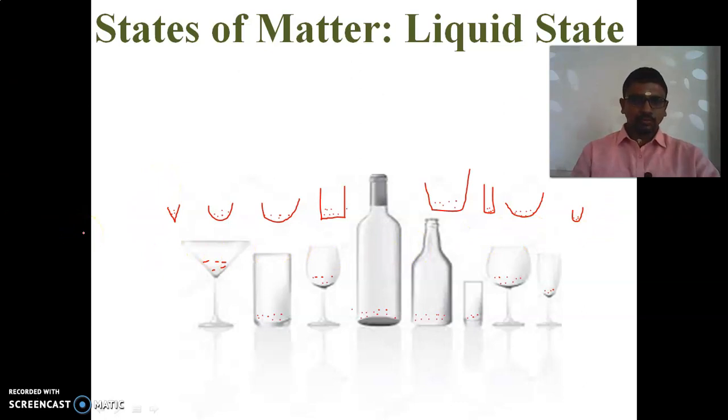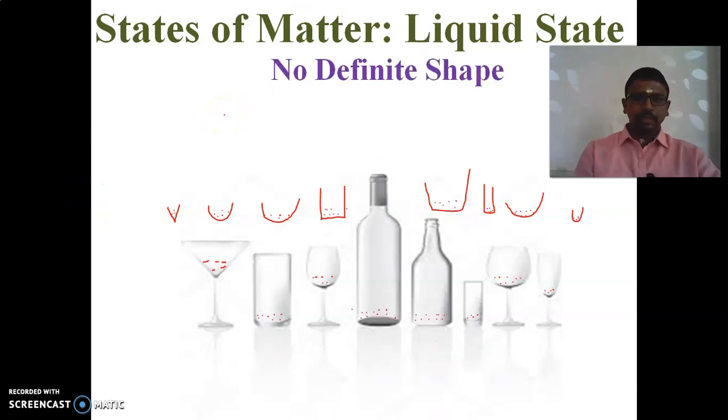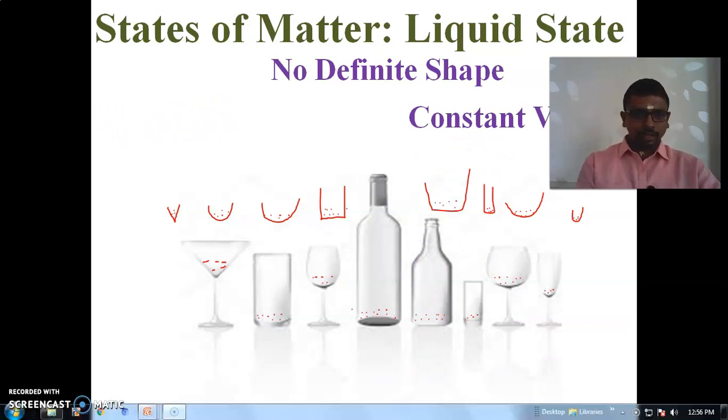So we can say that liquids have no definite shape. They do not have a shape, but the volume of the liquid will be constant.